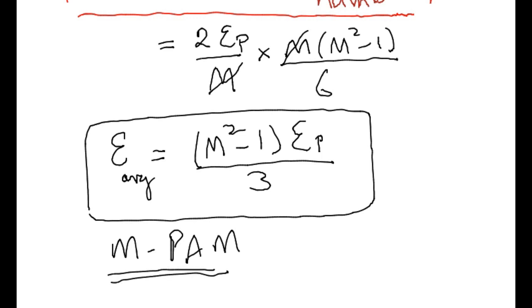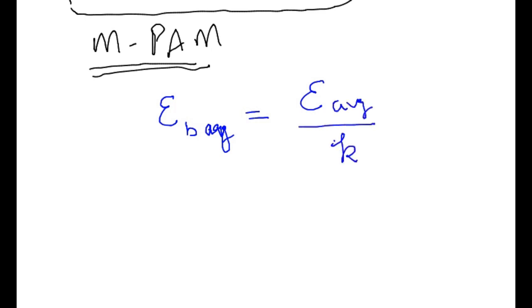Now very easy. If you want to find out the bit energy from here, it should be very clear. To find the average bit energy, it is the average symbol energy divided by k, the number of bits.